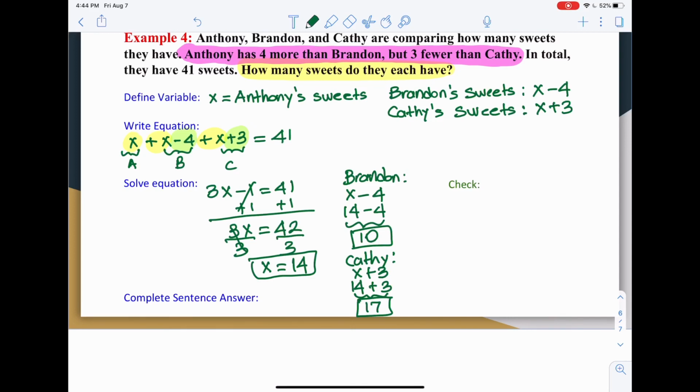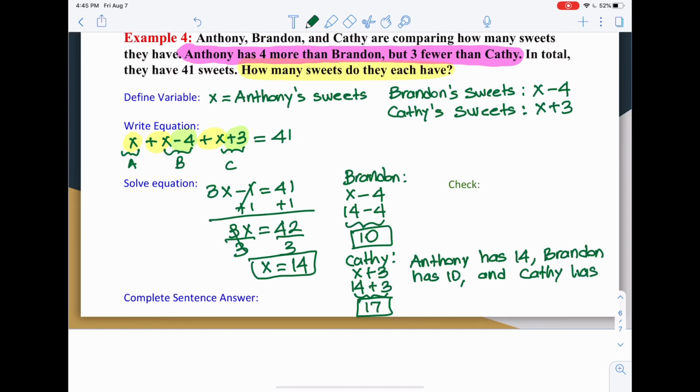Now let's write our complete sentence. Anthony has 14. Brandon has 10. And Kathy has 17 sweets.